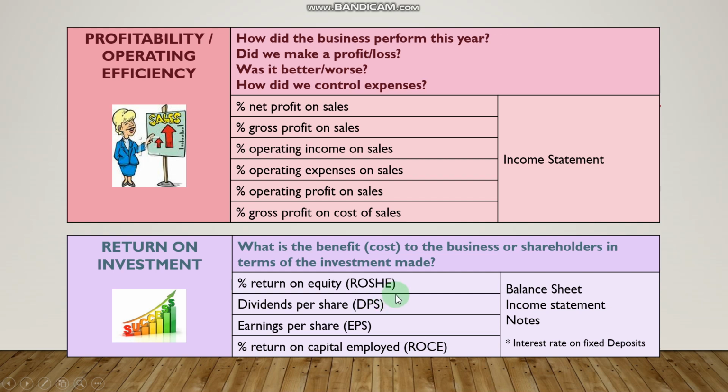You won't do that independently. You would always look at dividends per share together with the earnings per share. And remember that the part of the earnings which you did not give the shareholders as dividends would be a part of the net profit that is retained by the business. It would go into the retained income account.